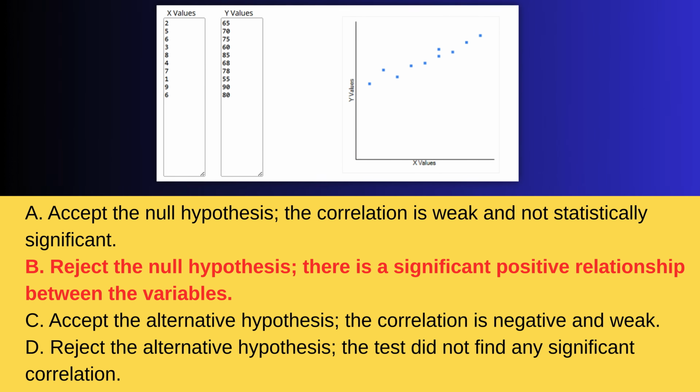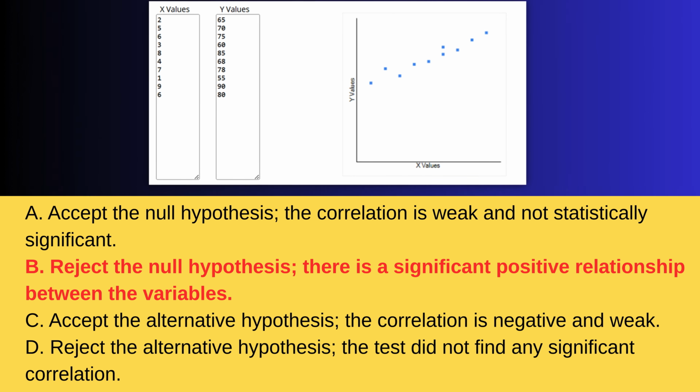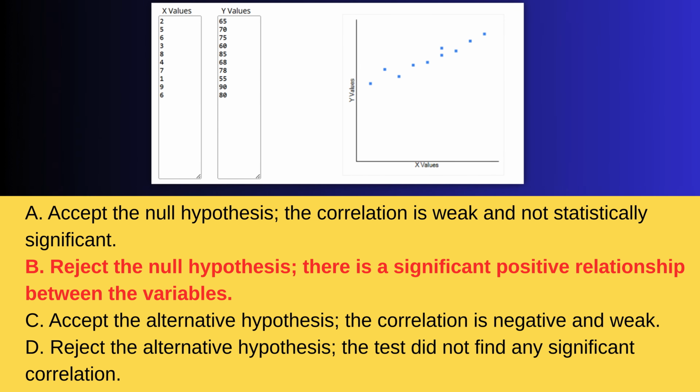Let's get its explanation. A Pearson correlation coefficient of r equals 0.97 indicates a very strong positive correlation between study hours and academic performance. Since the result is significant at the 0.05 level, we must reject the null hypothesis, which assumes no significant relationship, and accept that a statistically significant, strong, positive relationship exists.